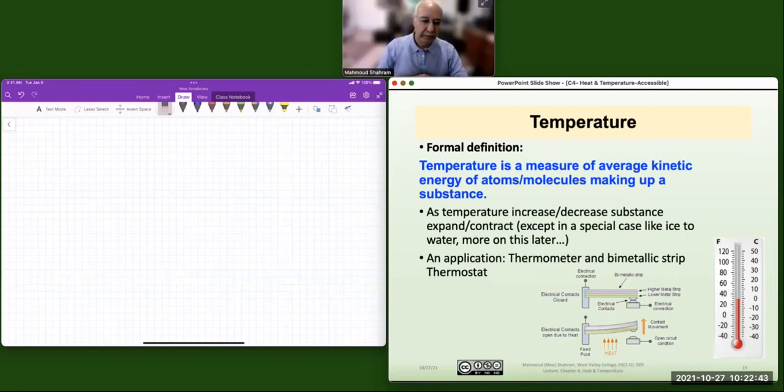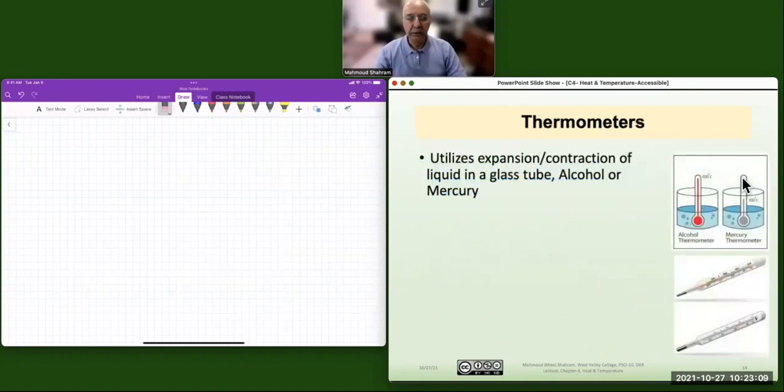One of the metals, which we call the bimetallic strip, pushes the other one off, and then the circuit disconnects. When the circuit disconnects, the heater stops. Then when it gets colder and it connects back, the heater comes on again. So those are the means we use to take advantage of this expansion and contraction.